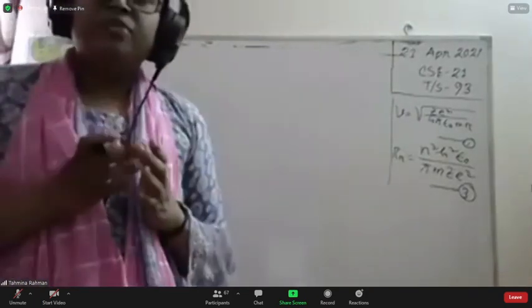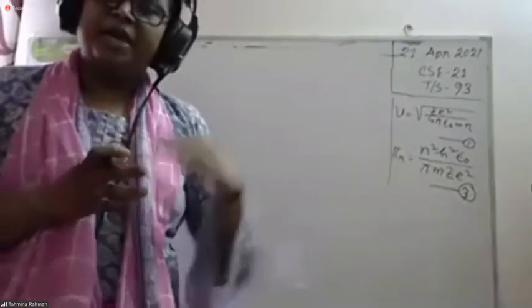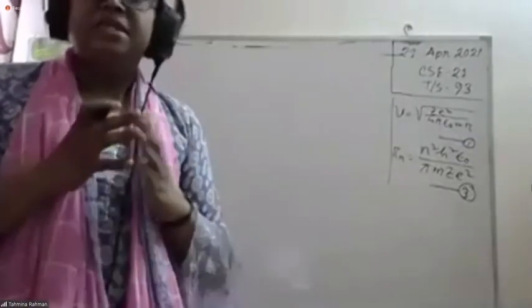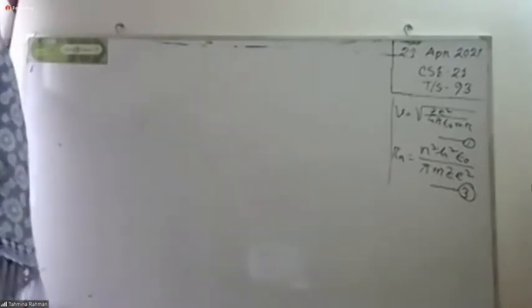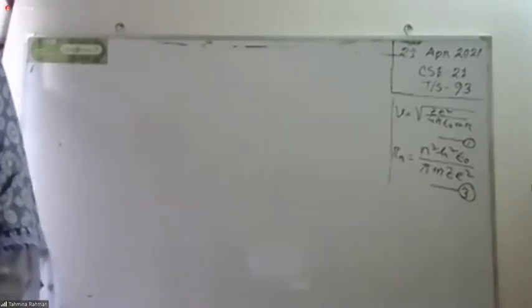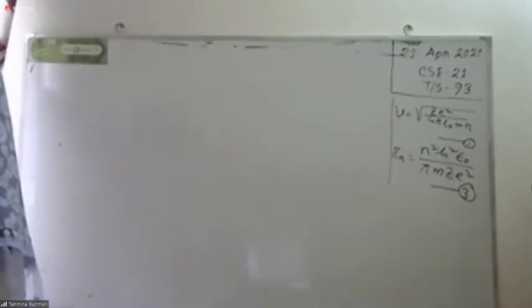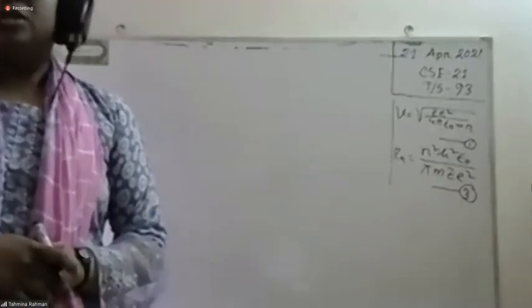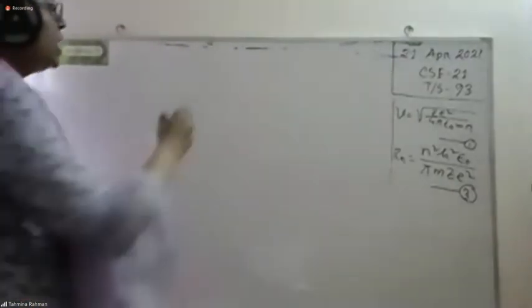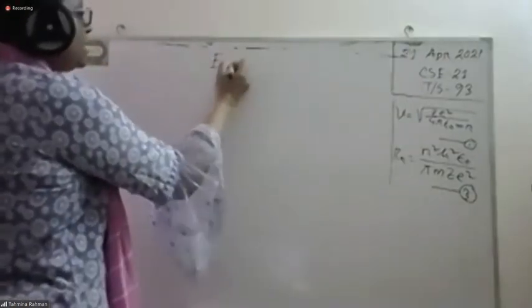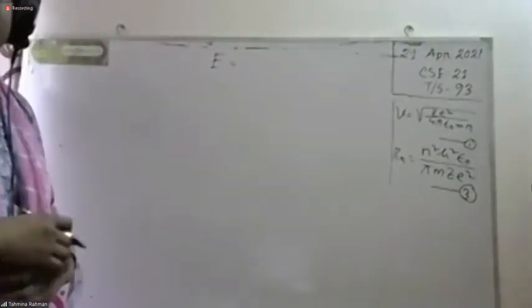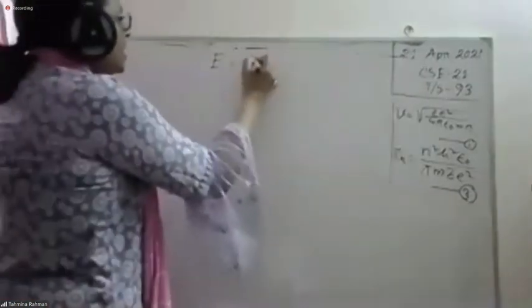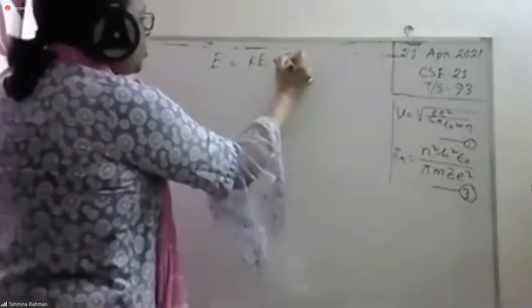So already we calculated the radius of the orbit. Now next I will calculate the energy level. Acha. One thing tell me, total energy equal to what? Total energy is kinetic energy plus potential energy.